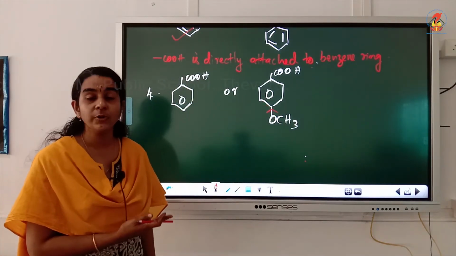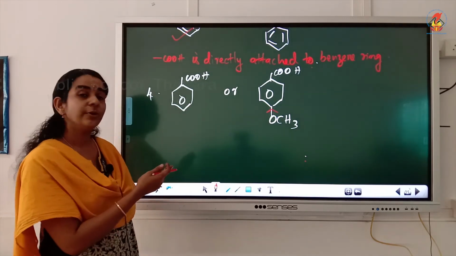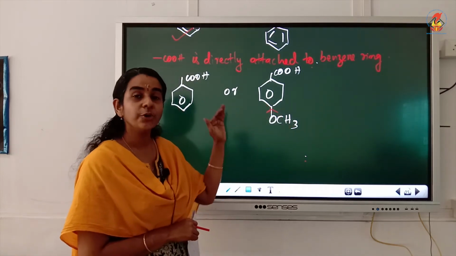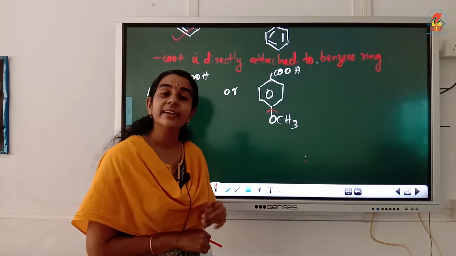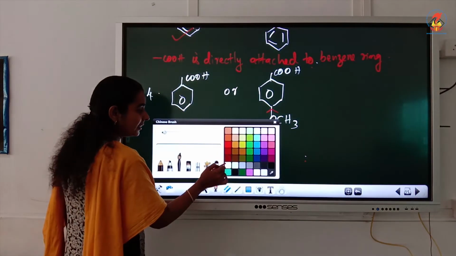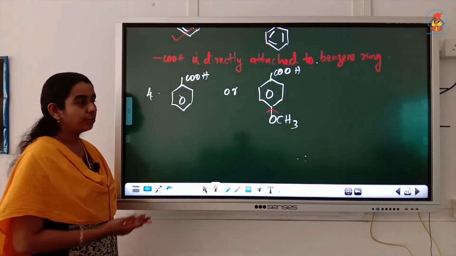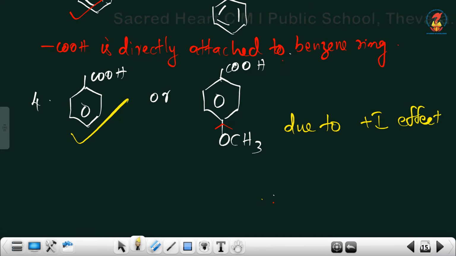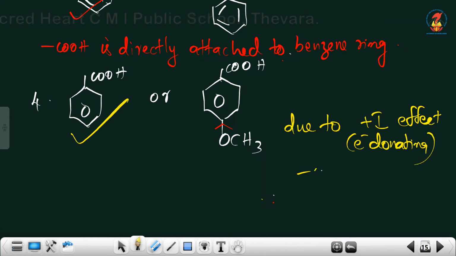Already we have studied about the plus I and minus I groups. So such groups will decrease acidity. So here more acidic will be benzoic acid. Why is the other less acidic? Due to the plus I or electron donating effect of the OCH3 group. Write the reason also.